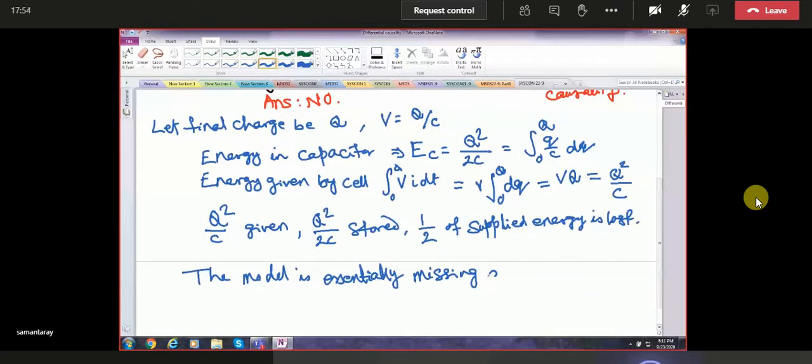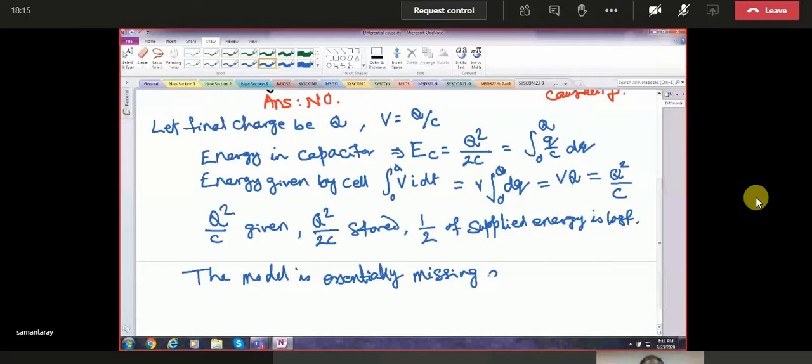So we don't have a time constant. Charging takes place at 0 time. So this is what is revealed by the differential causality.